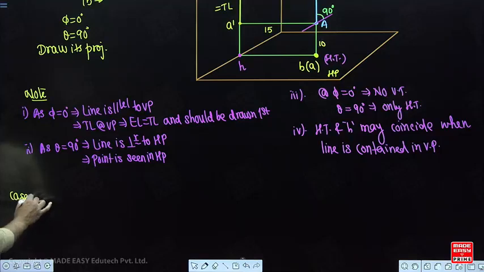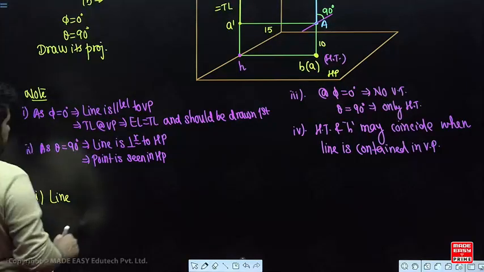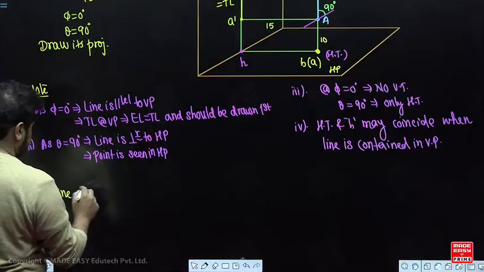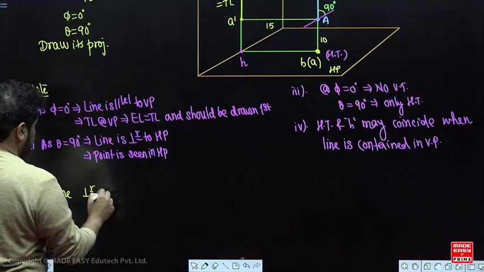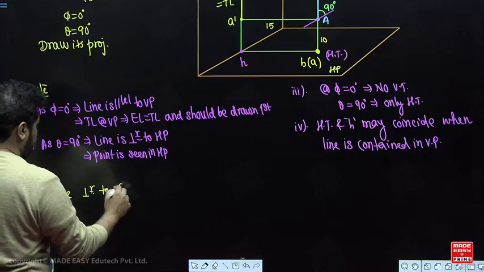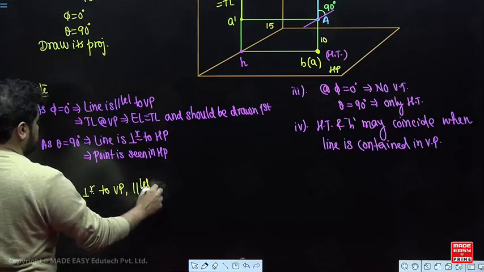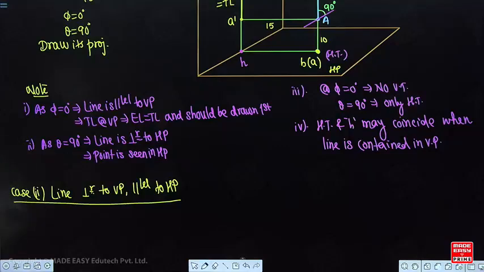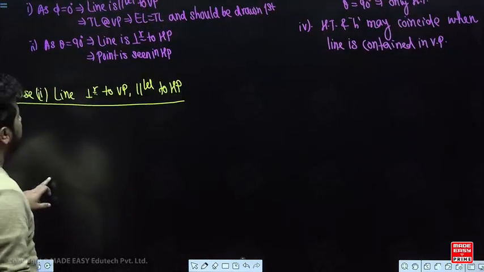Case number 2, line. So it was perpendicular to HP था ना. हाँ, line perpendicular to VP, parallel to HP. Line perpendicular to VP, parallel to HP.